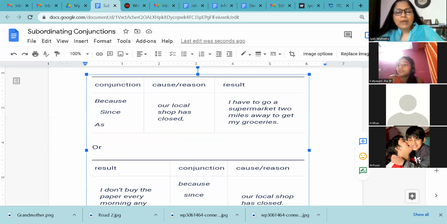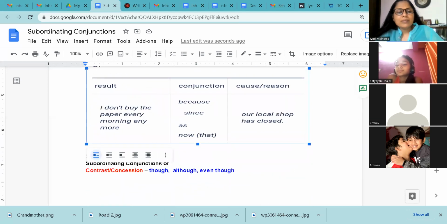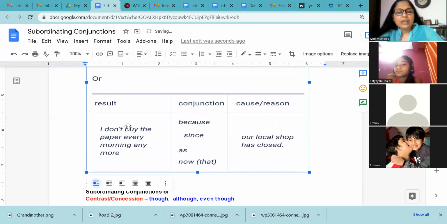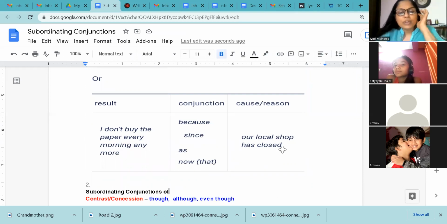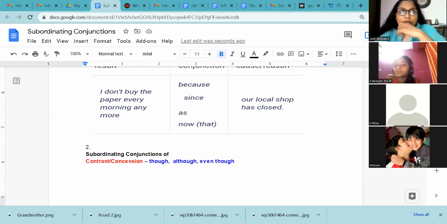Can we combine these sentences? I don't buy the paper every morning anymore because our local shop has closed. Or, since our local shop is closed. Or, as our local shop has closed. Or, now that our local shop has closed. So many times we can use one for another, but not always.